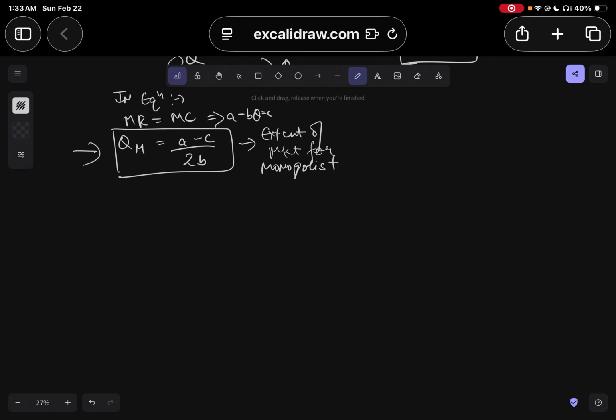And this would thus mean that obviously extent of market would suggest the quantity produced. So in monopoly, the firm always sells half of the extent of market.